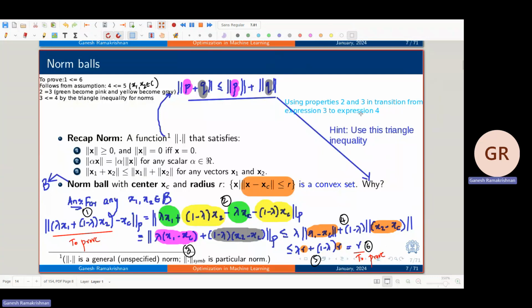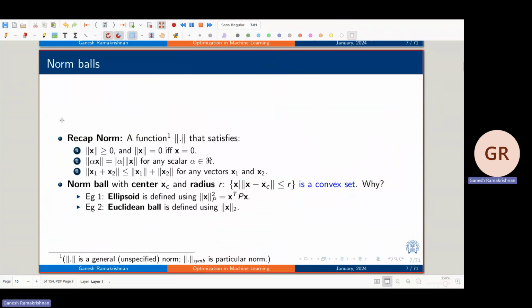So I've kind of summarized this entire derivation here. To prove 1 less than equal to x follows from assumptions 4 less than equal to 5, 3 is equal to 2, green becomes pink and yellow becomes gray and so on. Okay, so ellipsoid is defined using P, or P inverse. It doesn't matter, P or P inverse.